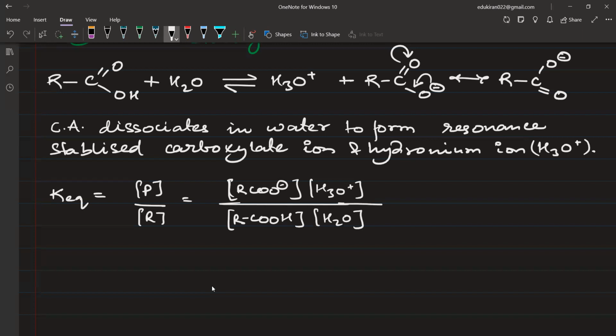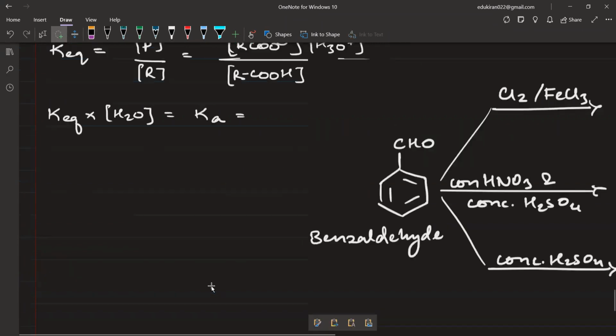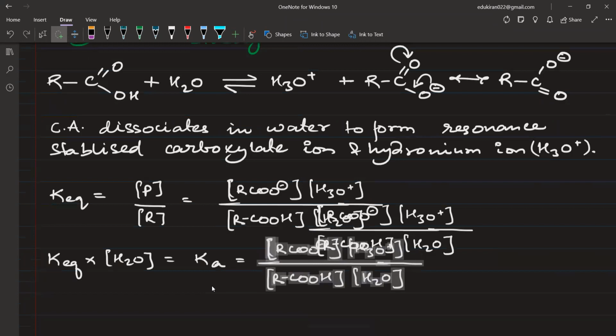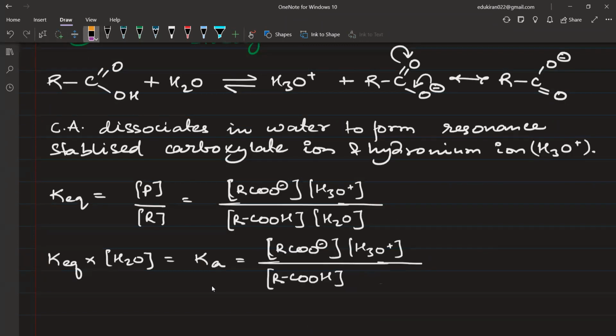Since water's concentration is not going to change, it is a constant, we can keep it with the constant K equilibrium. So K equilibrium times H2O gives you Ka, and this will be equal to the same thing, except the H2O, because H2O is already taken to the left hand side.